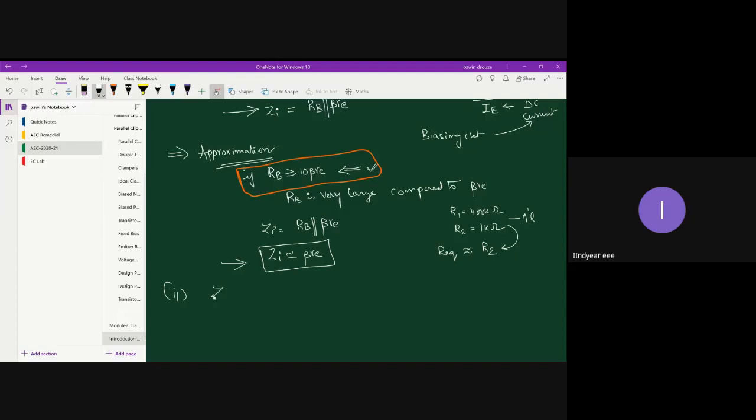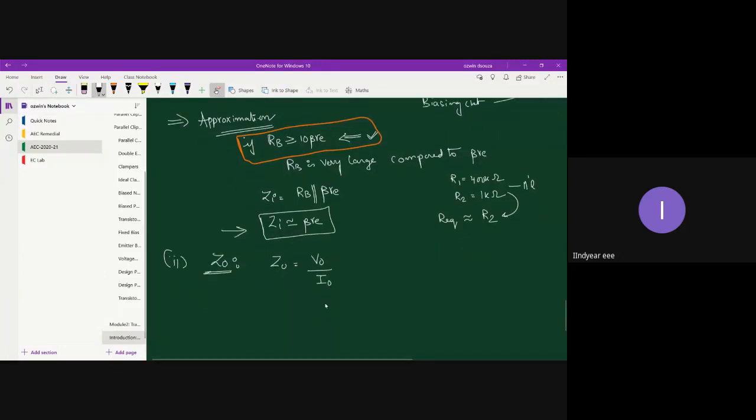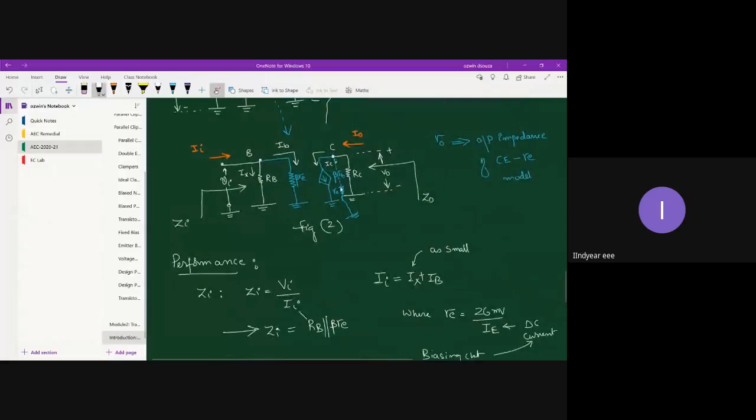Next up we have Z0. And what is Z0? Z0 is called the output impedance. Output impedance by definition is the ratio of output voltage to output current. But once again, I'm not going to apply KVL in the output circuit. Instead, I use the inspection method to determine the output impedance. First of all, you need to identify the output port. The output port is going to be the collector terminal and the ground terminal.